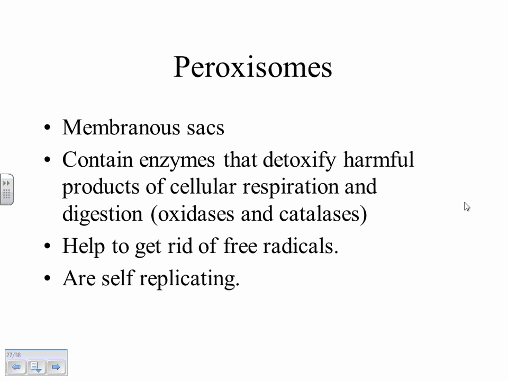Your body needs to be able to get rid of it. An enzyme that we just talked about at the beginning of class today, catalase, helps us to get rid of peroxide. But what you need to know about peroxisomes is basically this. They're membranous sacs. They have enzymes that help us to get rid of toxins, mostly toxins that were made during cell respiration.